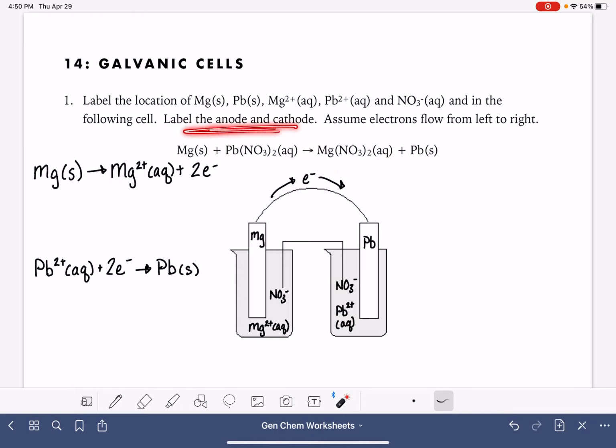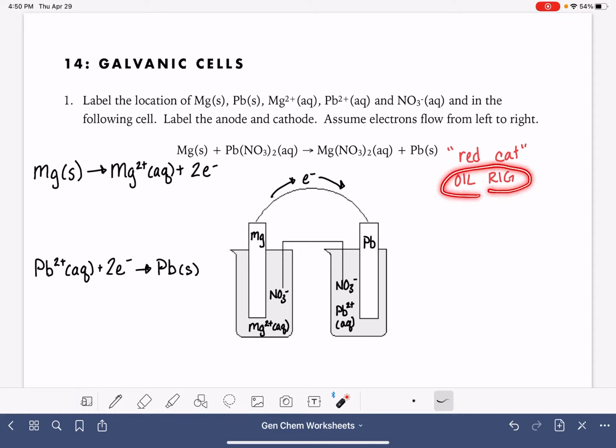Last but not least, we're being asked to label the anode and the cathode, so here's our trick that's going to help us remember how to do that. First, we have the trick red cat. That reminds us that the reduction half reaction is taking place at the cathode. We also have the trick oil rig. Oil rig reminds us that the oxidation half reaction involves the loss of electrons and the reduction involves the gain of electrons.